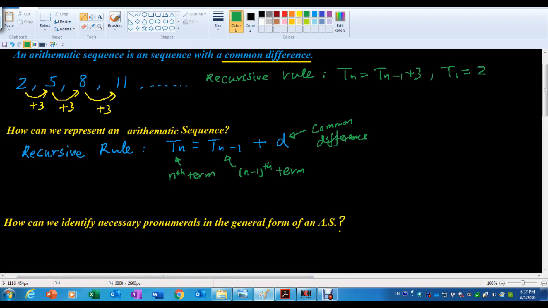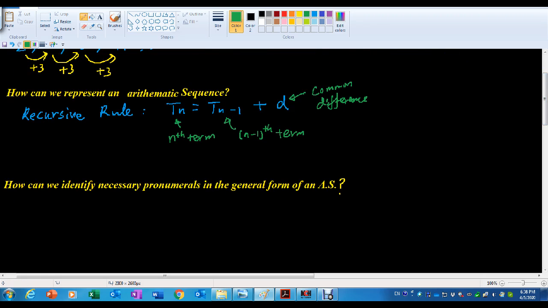So when you put T1 equals 2, and you want to find T2, it becomes T1 plus 3, which is 5. So that's the first way to represent it.